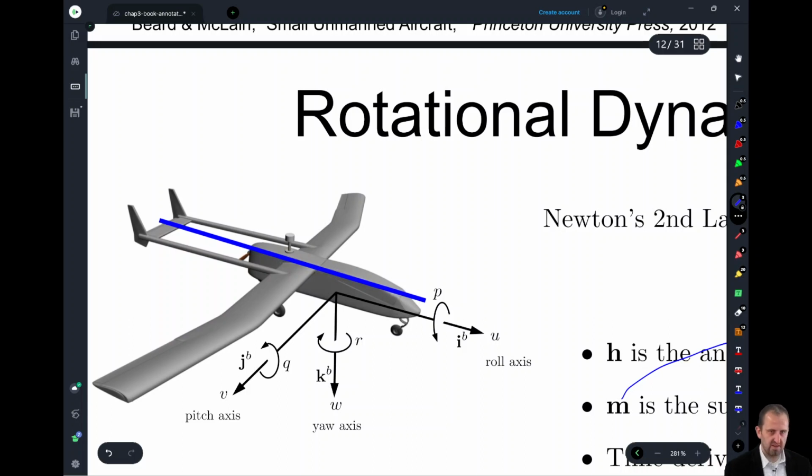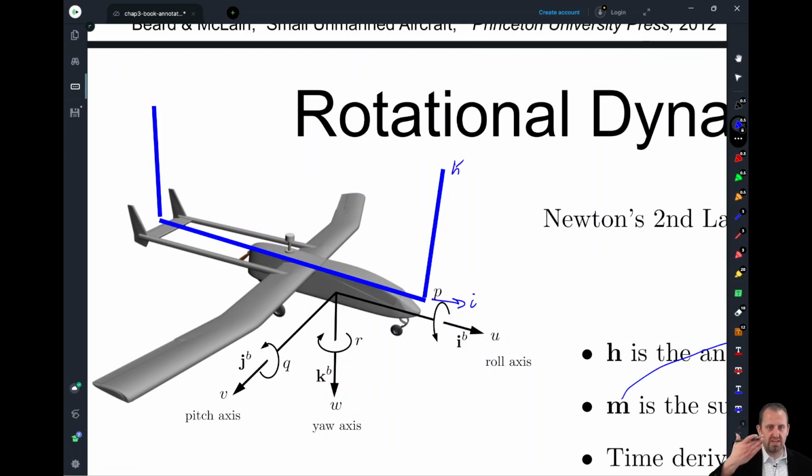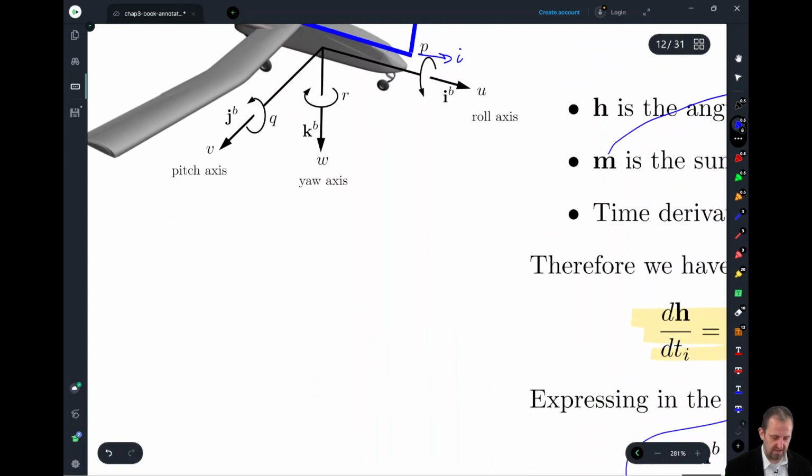This is the I, and this is going in, well, I drew K in the opposite direction. But we're just looking at that IK plane, and if we take the left or right side of it, our aircraft basically looks equal, especially if I had drawn that straight down the axis.